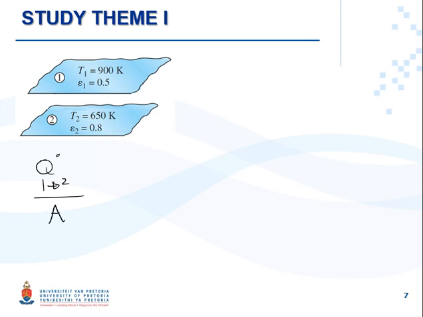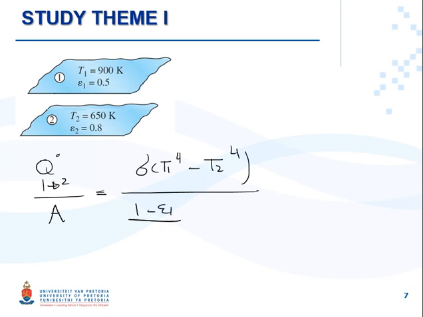Per unit surface area, you can just write the equation as sigma times T1 to the power 4 minus T2 to the power 4, divided by (1 minus epsilon 1 over epsilon 1) plus 1 plus (1 minus epsilon 2 over epsilon 2).